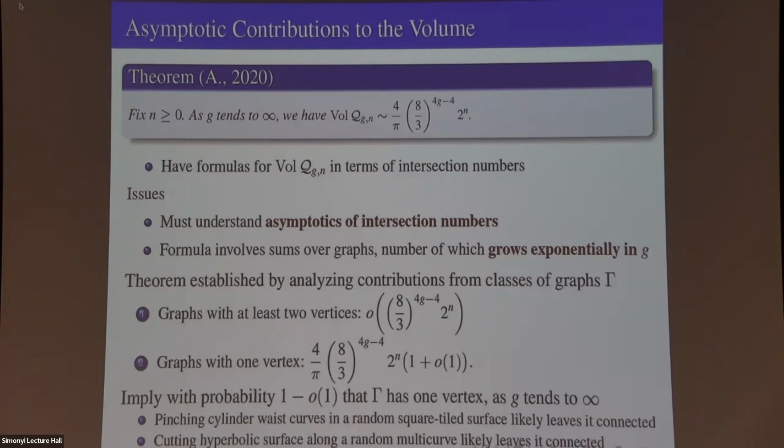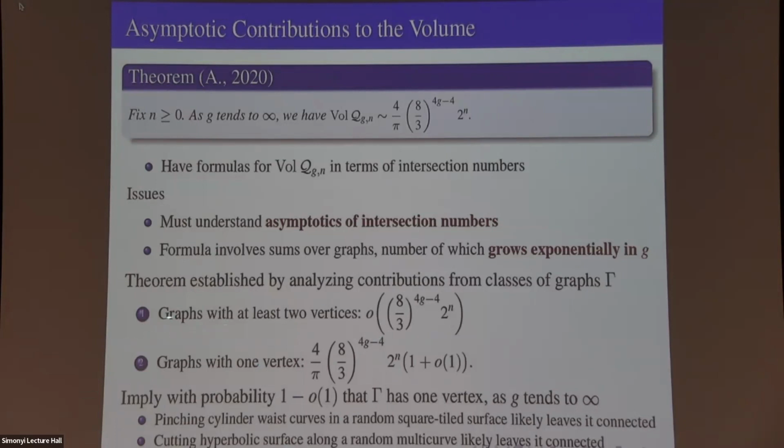The statement, which you can imagine simplifies things a lot, is that if your graph gamma has 2 vertices, then the total contribution of that is little o of this asymptotic. And the total contribution of all graphs with 1 vertex gives you the whole thing. So this is really the simplifying feature that allows you to compute.